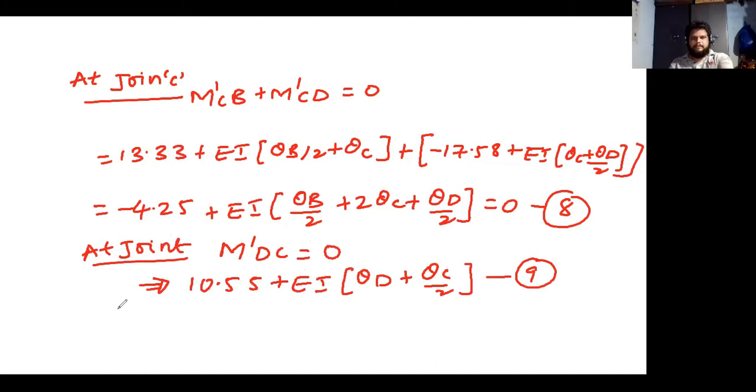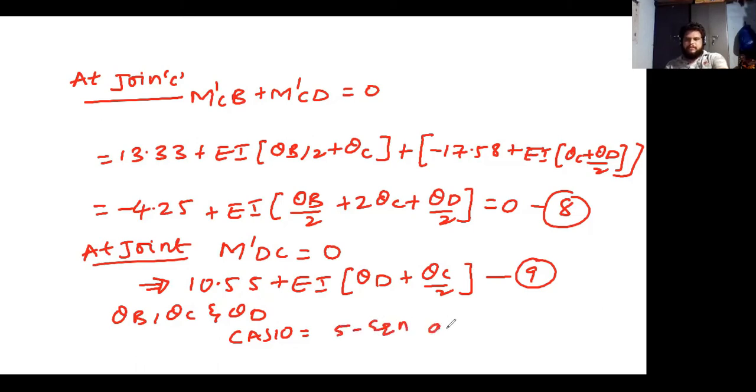So to get theta B, theta C and theta D, you take your calculator. I am having this Casio calculator. Press shift and mode and select equation number 5. So you will be getting equations, in that ax plus by plus c equals some constant.